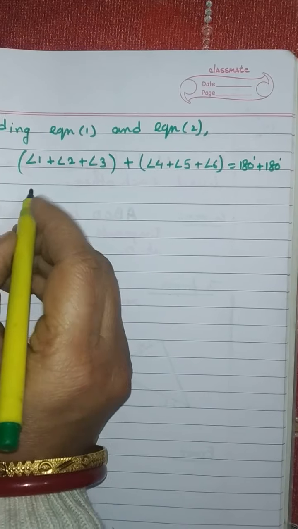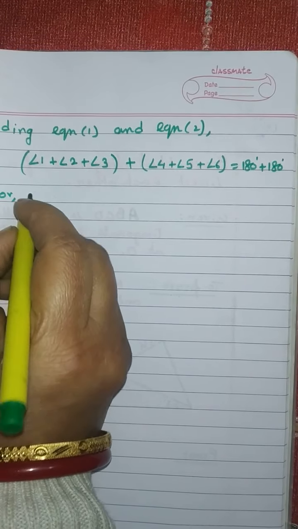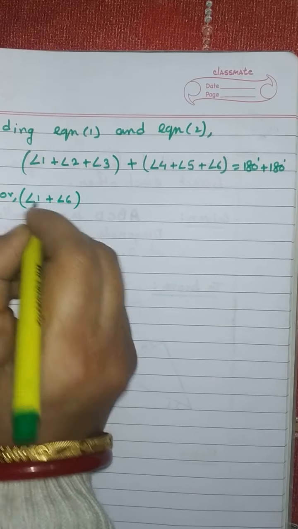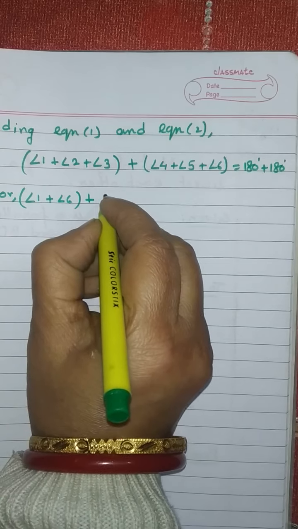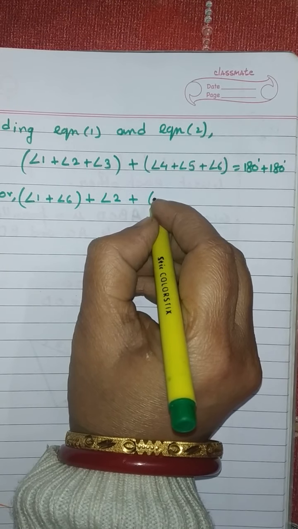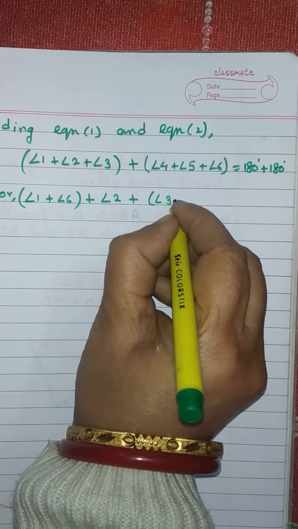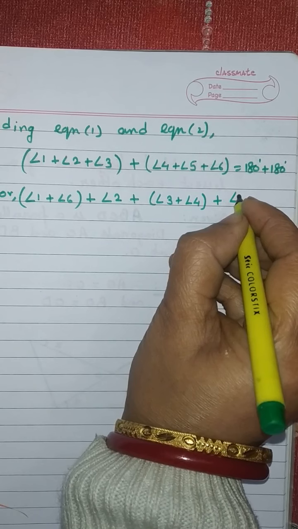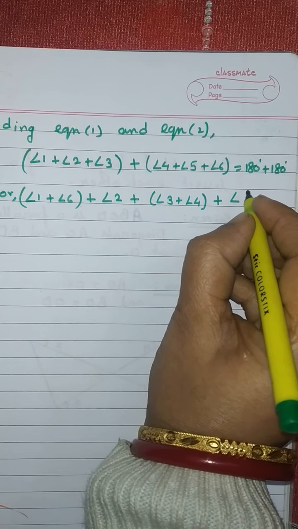So now we are arranging this. How will you arrange? 1 and 6. We write 1 and 6 together, plus angle 2, plus we write angle 3 and 4 together, plus angle 5.